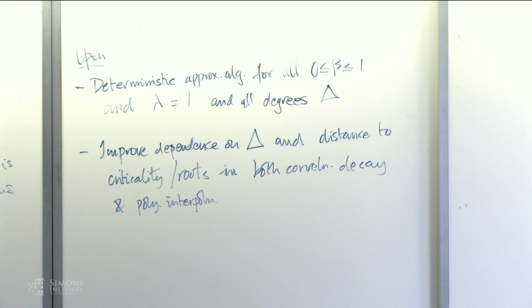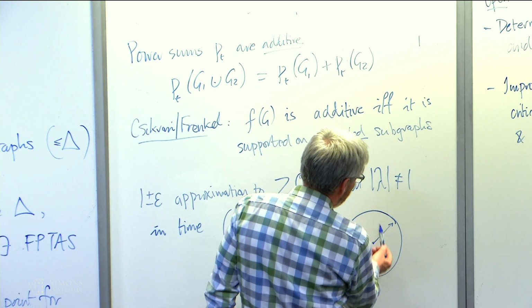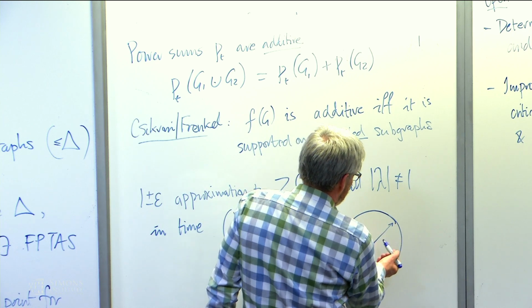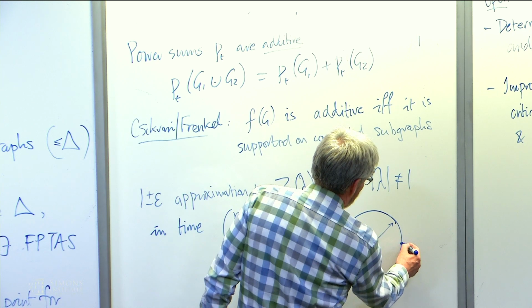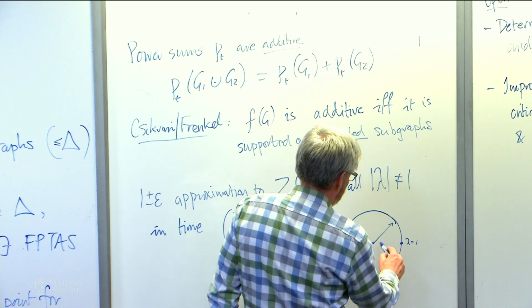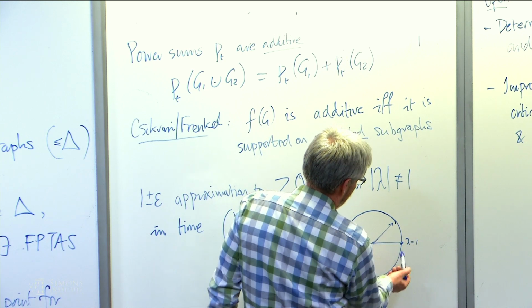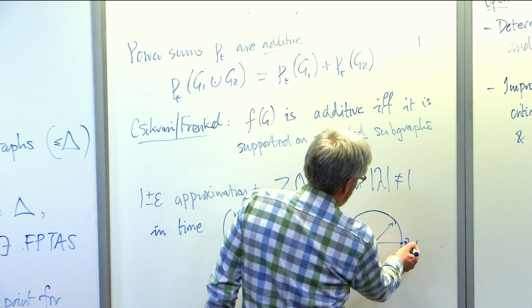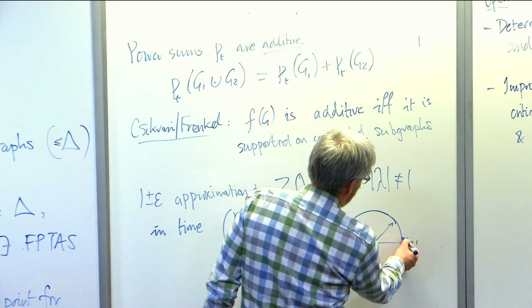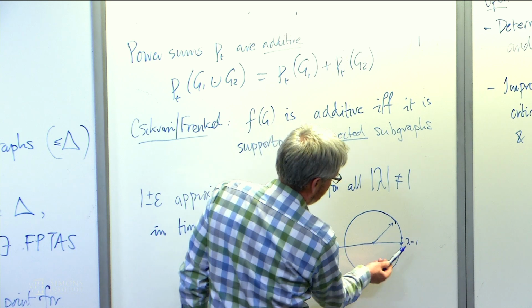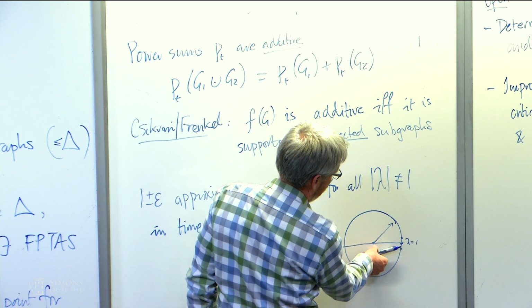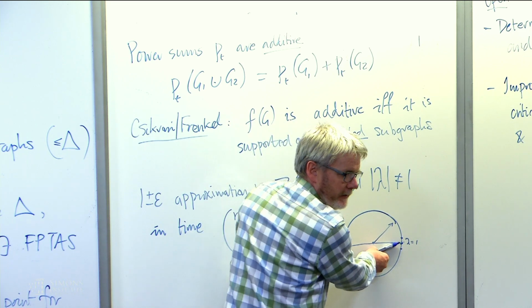I should say, in the case of the Ising model, our running example, we can do this interpolation anywhere inside the unit circle, and you'd like to do it at the point lambda equals 1, in particular on the real line. But as the graph gets bigger, you can show that the positions of zeros actually get arbitrarily close to this real point.